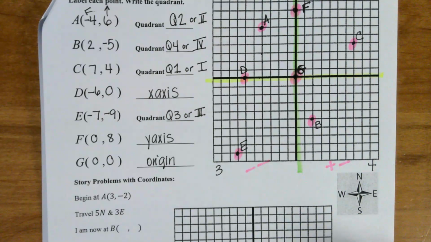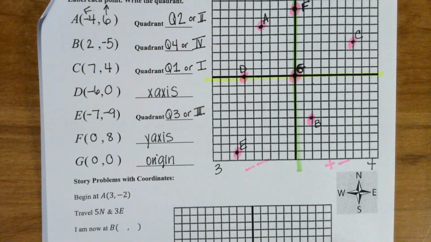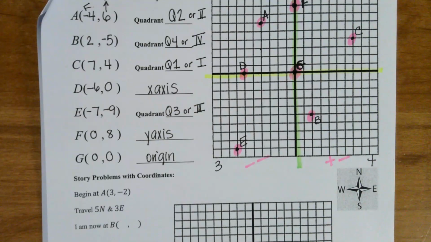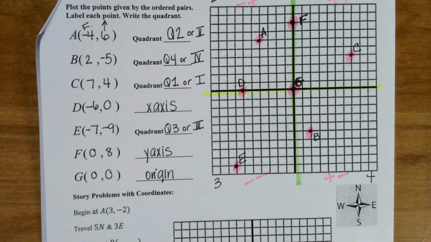You're going to follow the directionals. So 5 N is 5 north, 3 E is 3 east. If you like to go camping and hiking and you have a compass, you can do something called orienteering, and it allows you to use a compass and a map without GPS, because when you go hiking, there's no cell phone service.